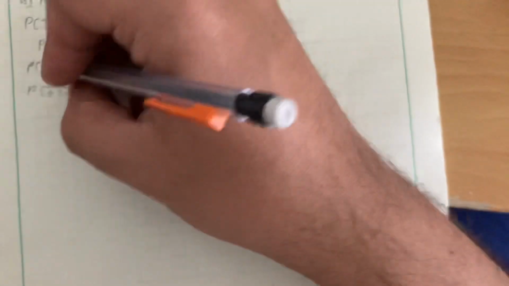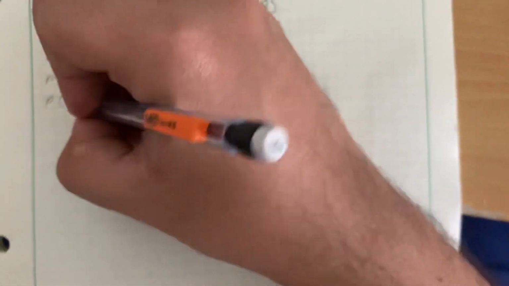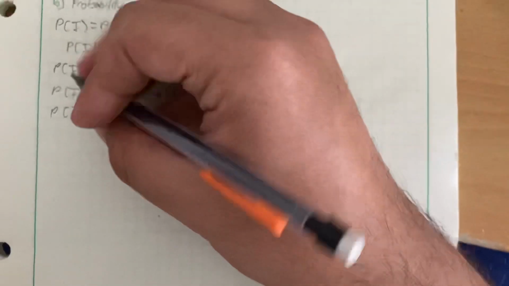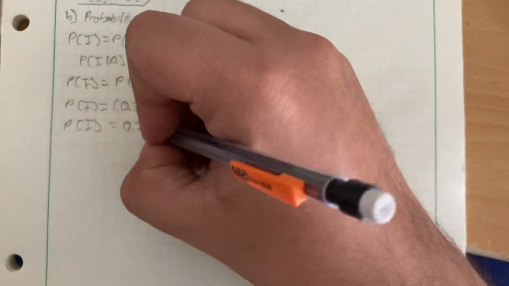And solving, we get that the probability of error in the transmission system is going to be equal to 0.26.